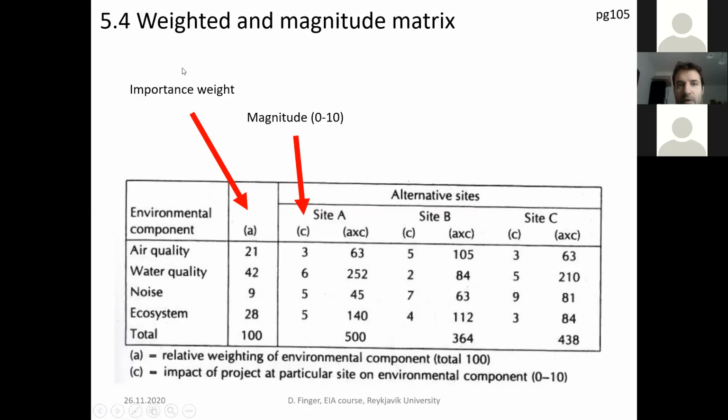Here's another weighted matrix where you multiply the magnitude times the importance, and you get a weighted matrix where you can then come up with a total impact regarding different environmental impacts. It's another way, as long as you clearly explain in the methods how you did your weighted and magnitude matrix and how you came up with the weighing and the magnitude, it's all acceptable.